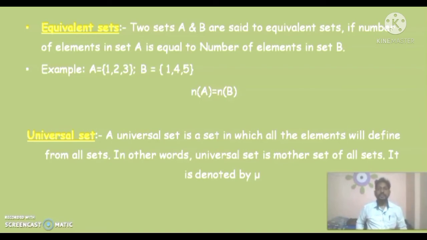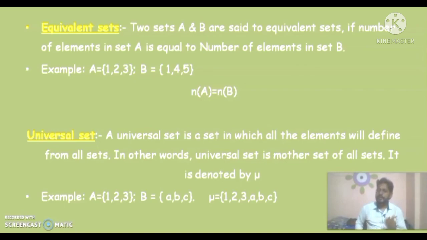In other words, the universal set is the mother set of all sets, and it is denoted by mu. Example, A is equal to {1, 2, 3}, B is equal to {a, b, c}, and the universal set is the combination of A and B, that is {1, 2, 3, a, b, c}.